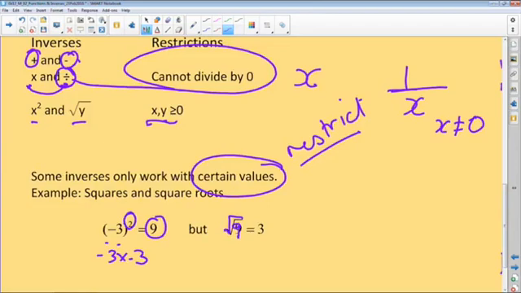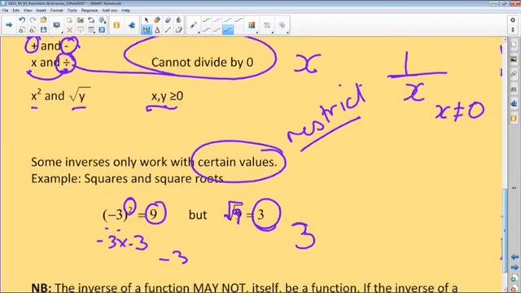I'm saying what multiplied by itself twice gives me 9, and the square root of 9 is 3. So we got an answer of 3, but we started out with minus 3. That's why we have to insert restrictions, because squares and square roots only become inverses of each other if we restrict the domain. So we make it work.